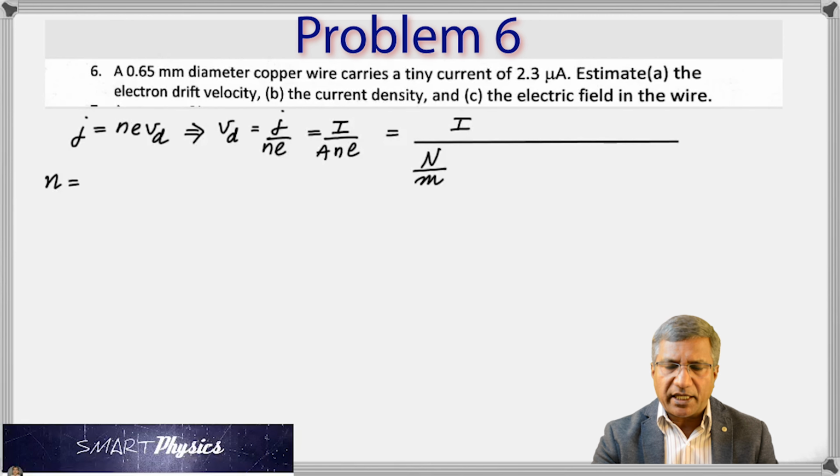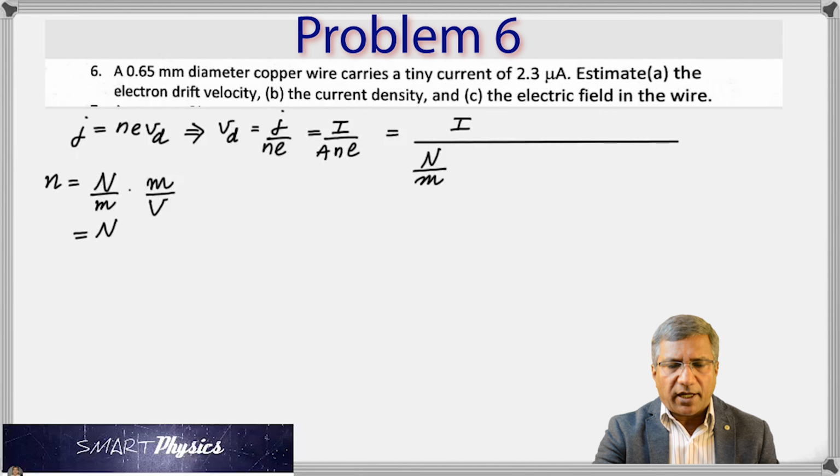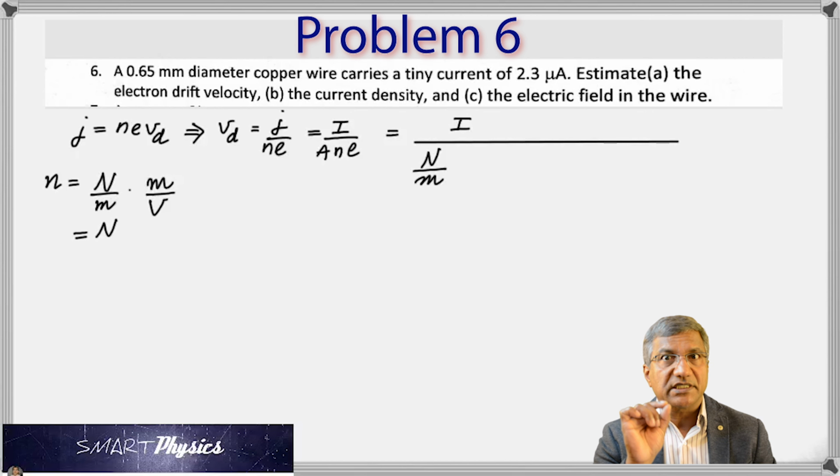So caps N, I'm going to show it on the left side. Caps N is the number of atoms in 1 mole, and M is the mass of 1 mole. So now, see what I've done is, I've shown that little n is actually caps N by volume, because it's the number of free electrons in 1 meter cube.